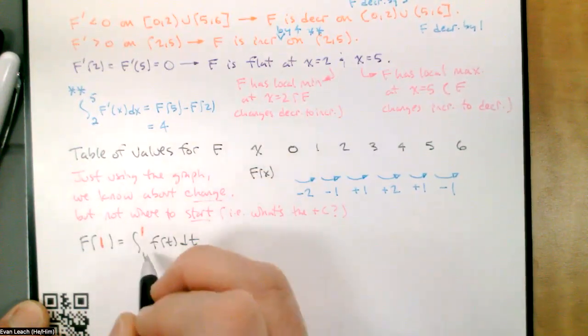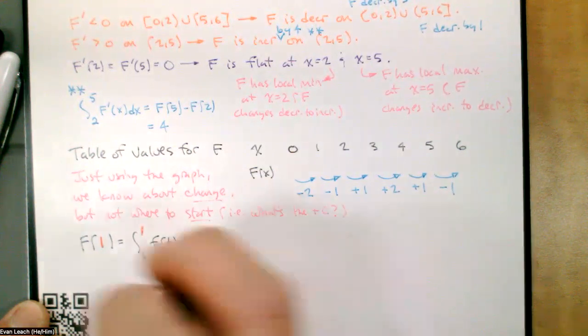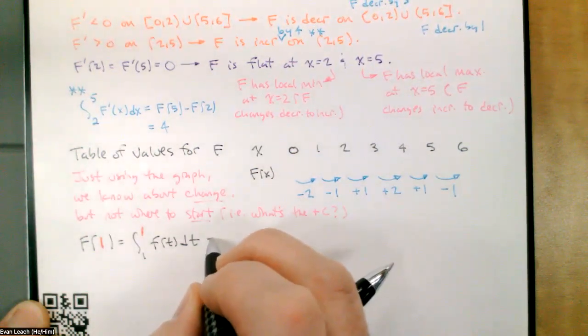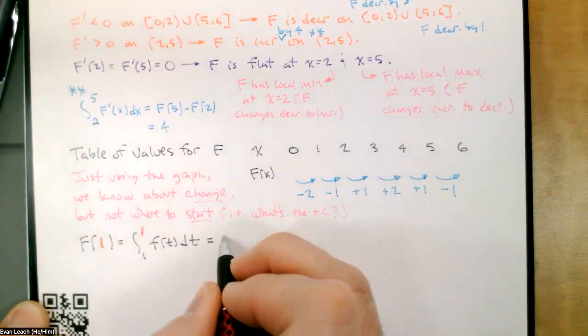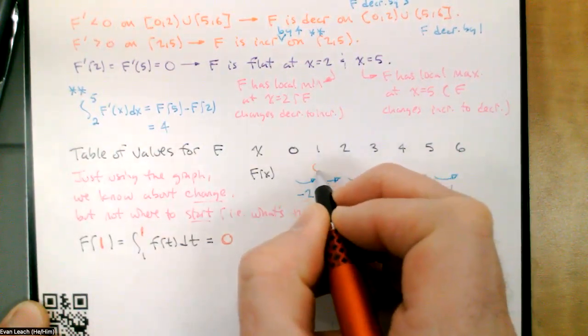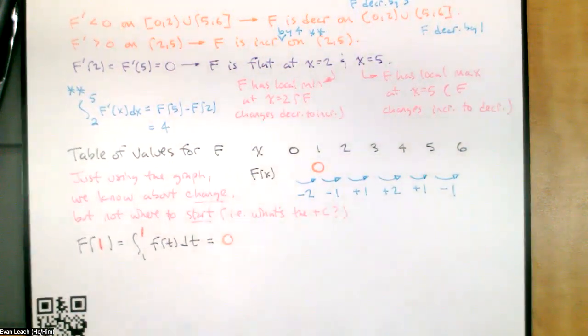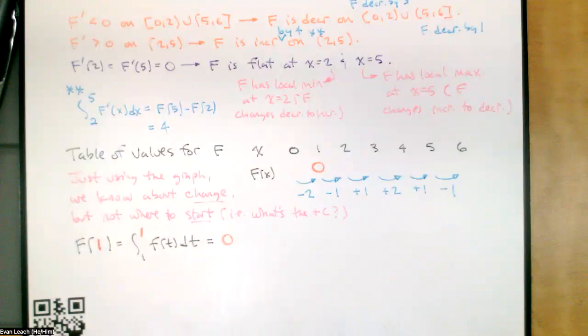Because if we integrate from 1 to 1 of f of t dt, we will definitely end up with 0. Regardless of whatever else is going on with the function little f, the integral from 1 to 1 will be 0. So that's how we got the information of where to start.